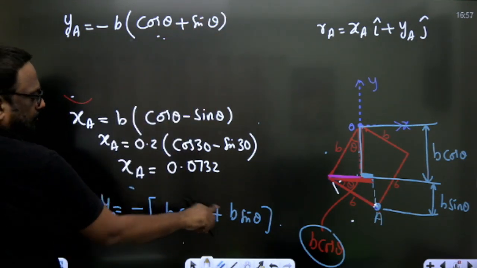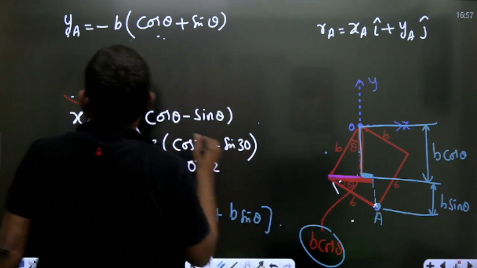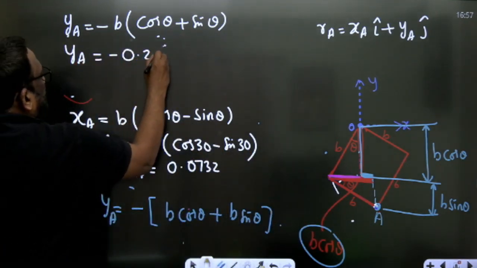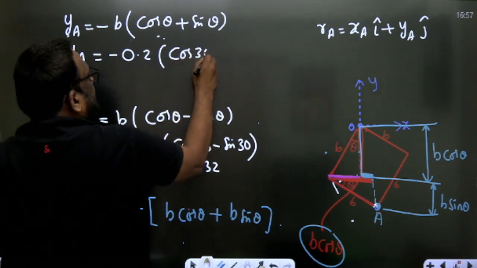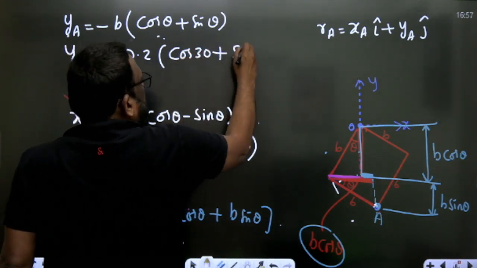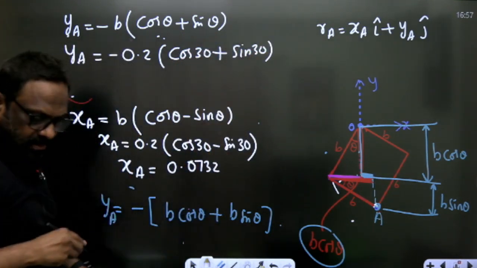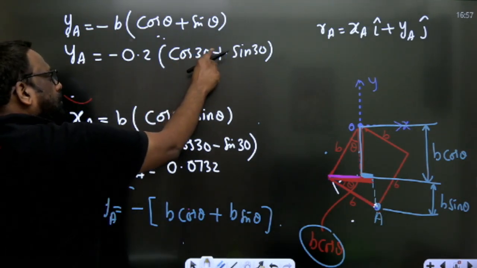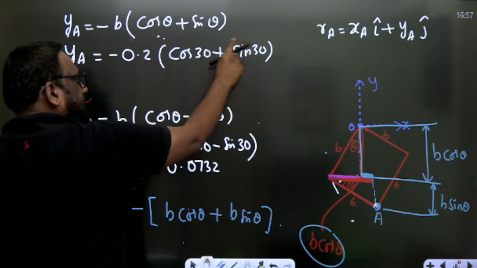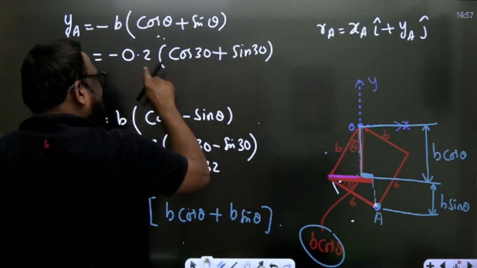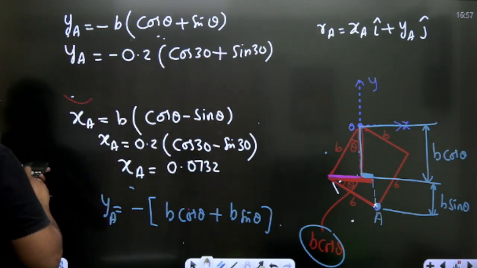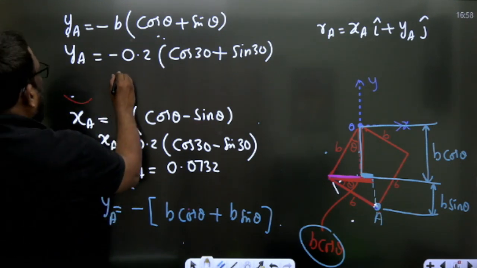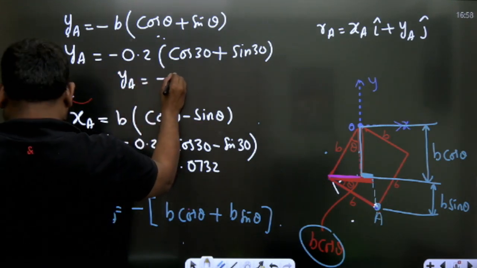I have taken b common. y is negative because from the origin it is down, so ya is equal to minus b, which is 0.2, cos theta, theta is 30 because it is at the 30 degree position, so it is sin 30. So if I calculate, 1 point root 3 by 2, this is 1 by 2, root 3 plus 1 is 2.732, into 2, so 2.732 into 0.1. So check it once.